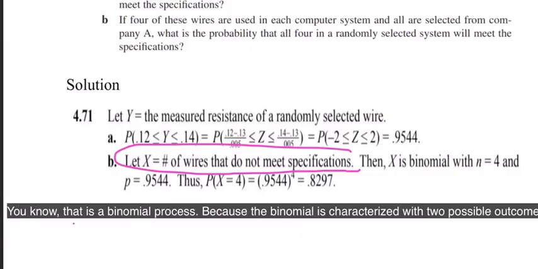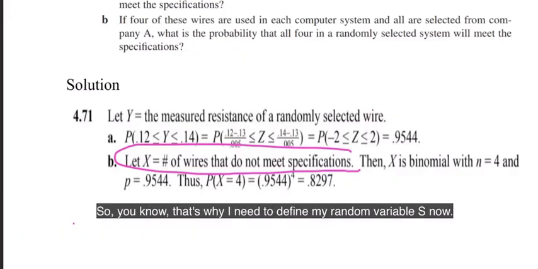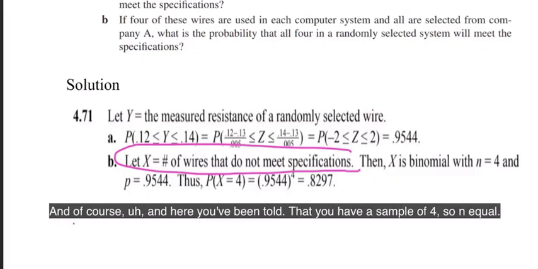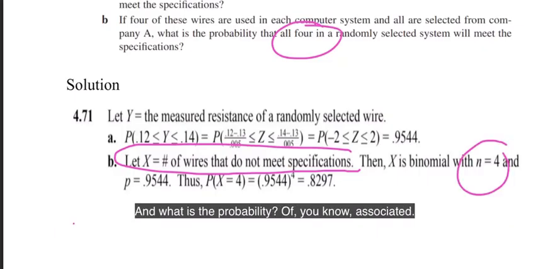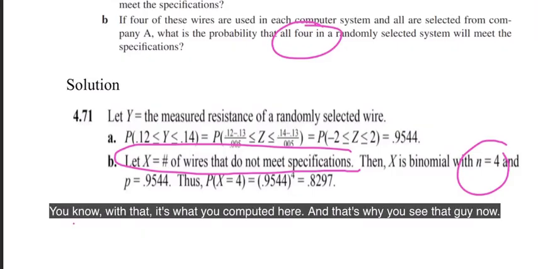The binomial is characterized by two possible outcomes. So that's why I need to define my random variable S. Because of that, it follows a binomial distribution, and you've been told that you have a sample of four, so n equals four. And the probability associated with that is what you computed here, and that's why you see that guy now.